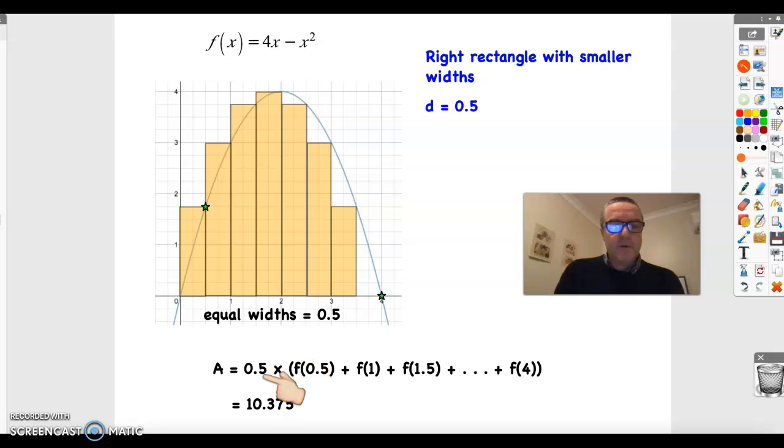So we've got 0.5 times f of 0.5, 0.5 times f of 1, 0.5 times f of 1.5, etc., until we get to the final right corner, which is f of 4. So here we can see we've got an approximation that is now a little bit above 10. It's now up to 10.375, which, because we've used thinner rectangles, would be a more accurate approximation of the area.